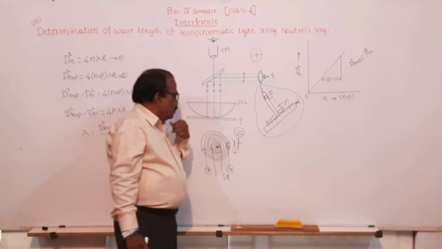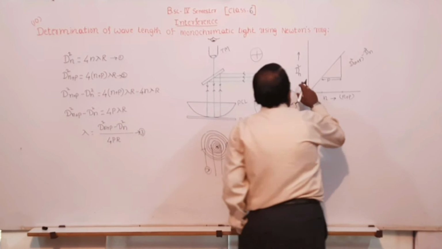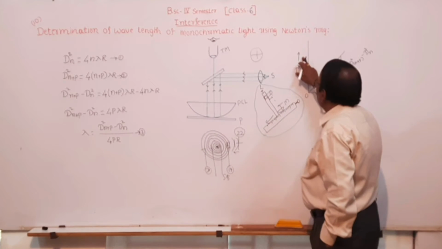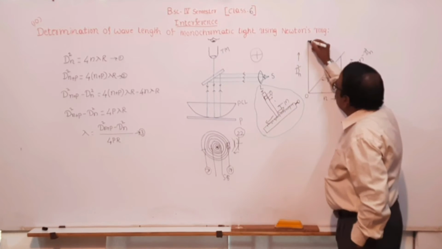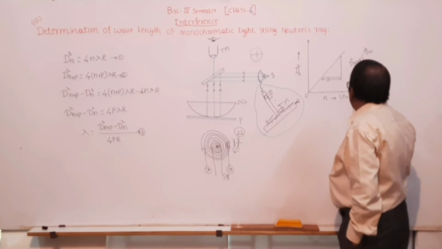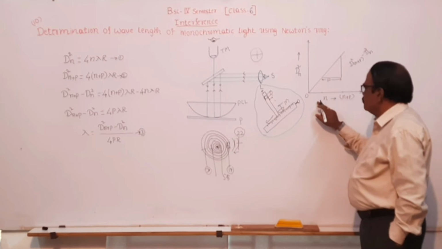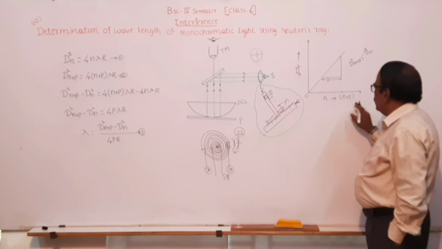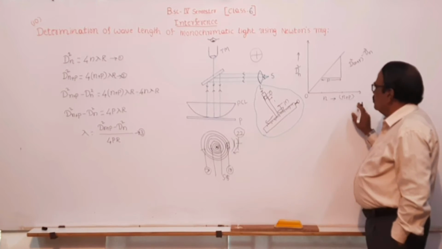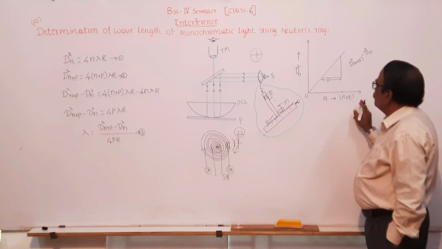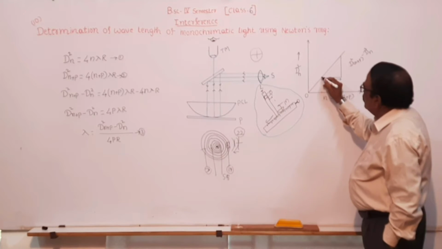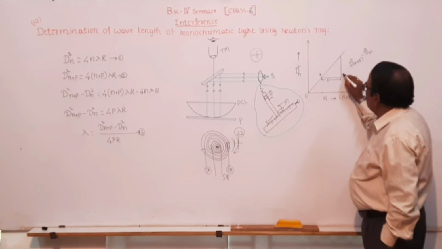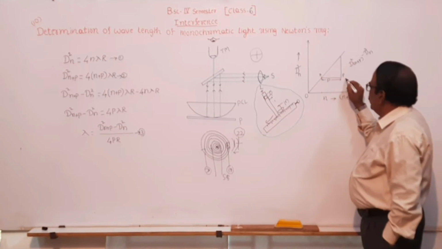Then you plot the graph by taking D squared along the y-axis, and the corresponding ring number, meaning 18th, 19th, 20th, 5th, 6th, 7th, 8th, like this, along the x-axis. Then here this is the nth ring, here it is the pth ring.